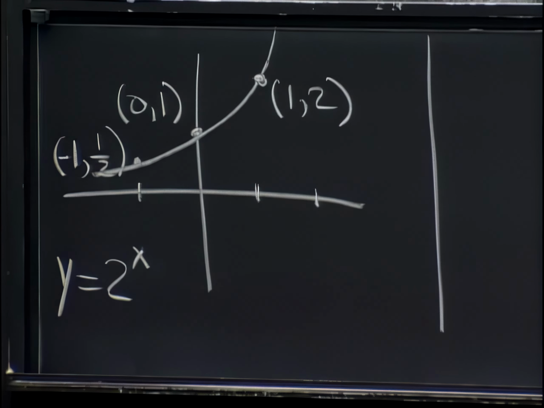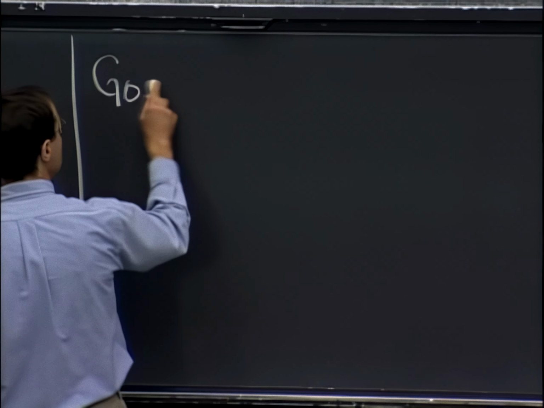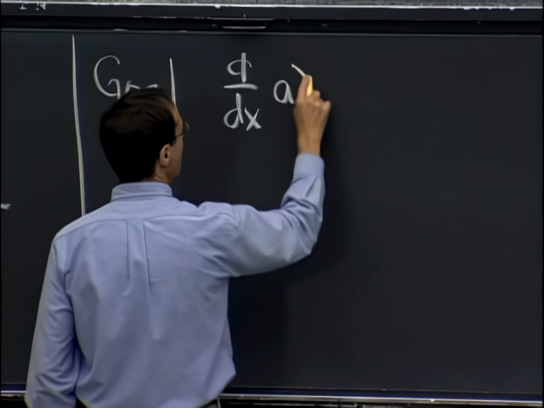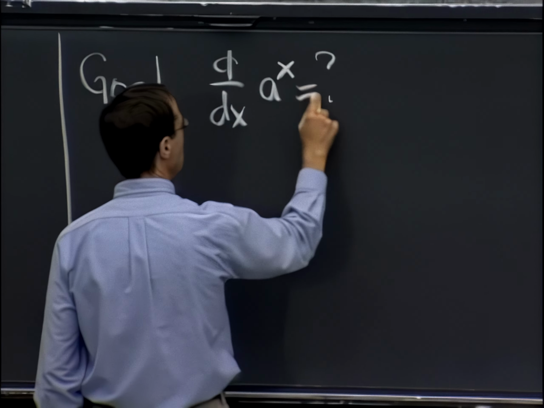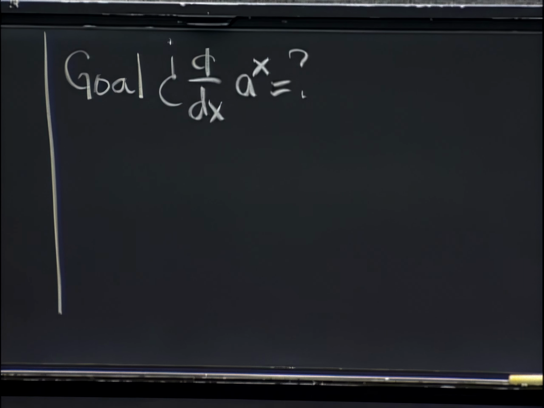Well, obviously we want to do calculus here. So our goal here for now, and it's going to take us a while, we have to think about it pretty hard, is to calculate what this derivative is. All right, so we'll get started.